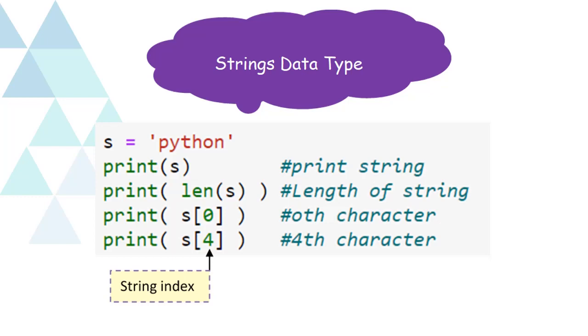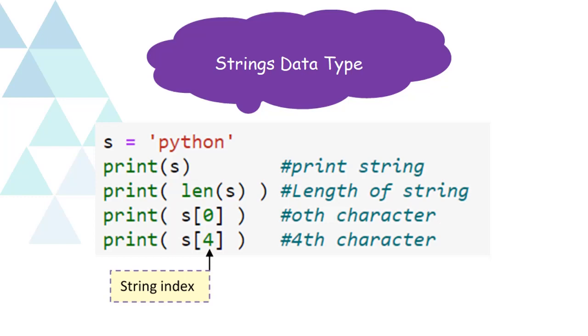Let's understand the string data type and indexing operation. Here s is a string with the value Python characters. First we'll print the string, which will provide the output Python.